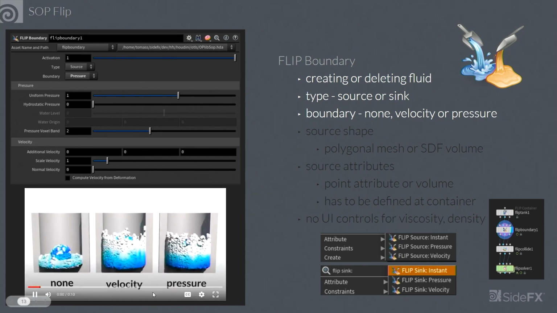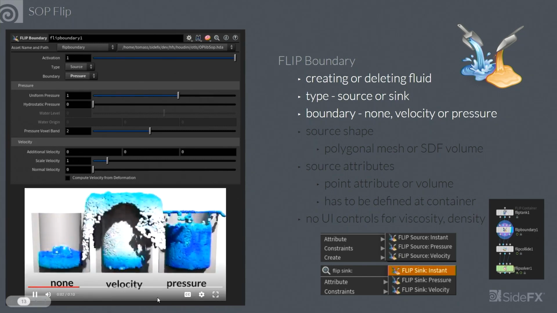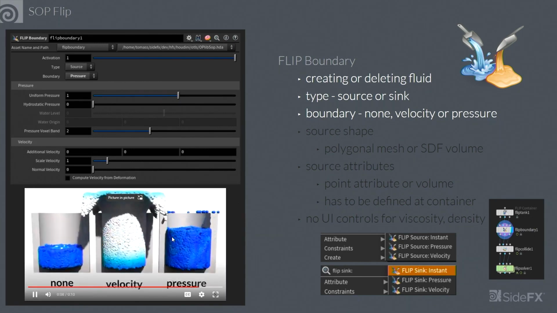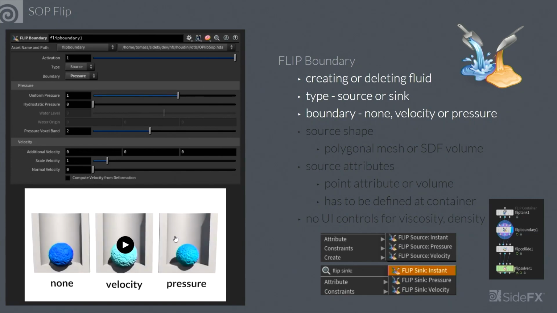If you set the source to a constant velocity where you just pour constant fluid, then you just fill the cup completely. But the pressure source now allows you to set the pressure such that it can only hold a certain column of water above it. So the cup gets filled, but once you reach the prescribed height, the source doesn't have any more force to push more.